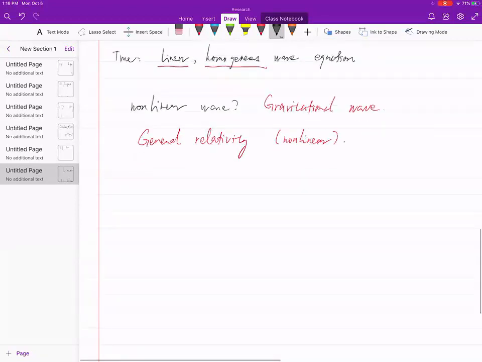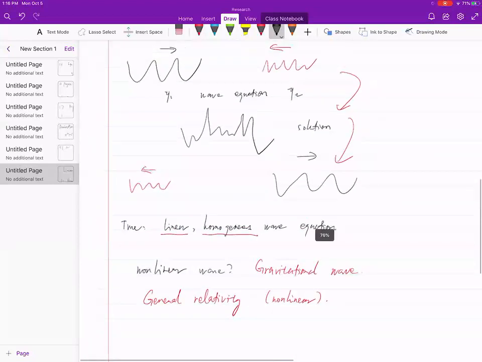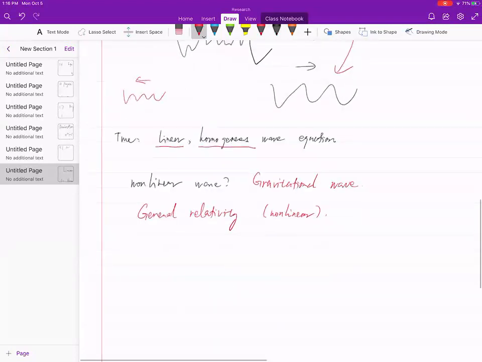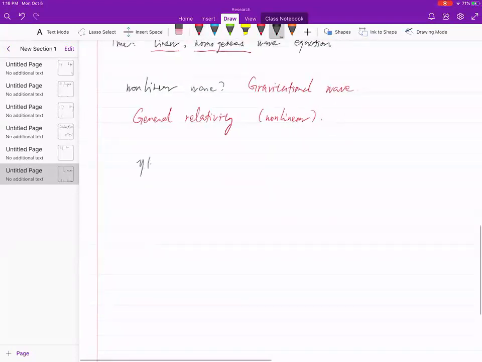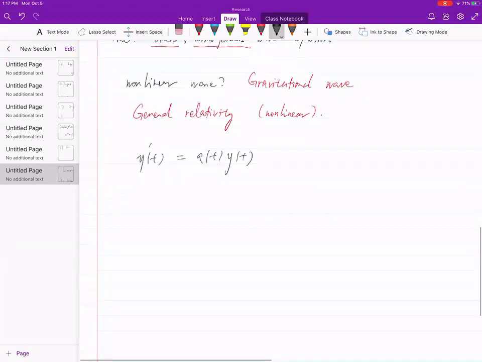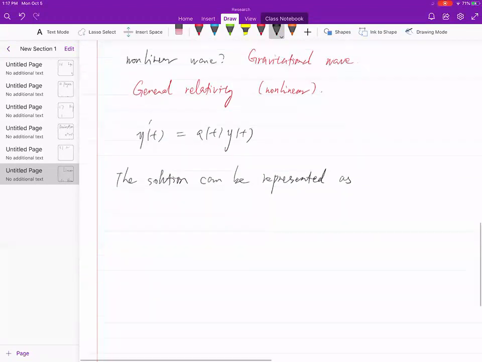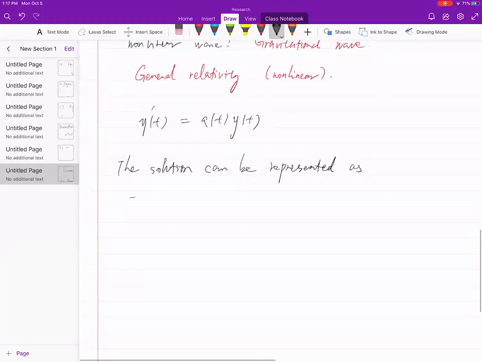So those are some examples to help you understand this from physics. Superposition is probably the term you're more familiar with. But basically this tells you: y prime equals A(t) y, which is the homogeneous case, and the solution can be represented as the linear combination of only a few solutions.